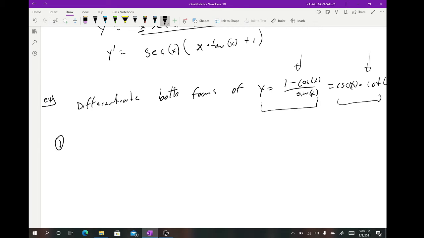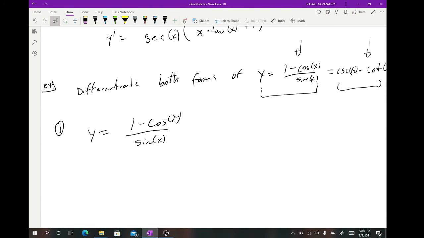So let's do the first part, which is just the fraction 1 minus cosine of x over sine of x. Notice that we have to use the quotient rule here because we have a fraction. So the quotient rule says the derivative is going to be g of x times f prime of x minus f of x times g prime of x, divided by g of x squared.